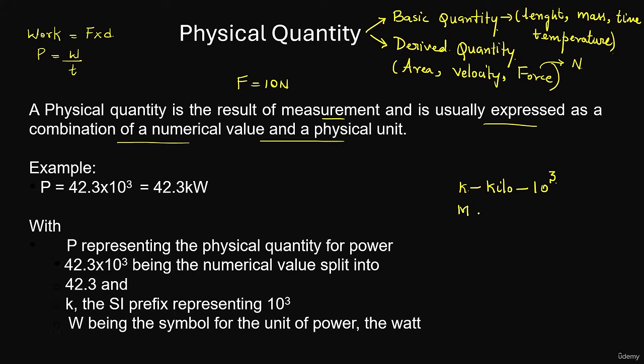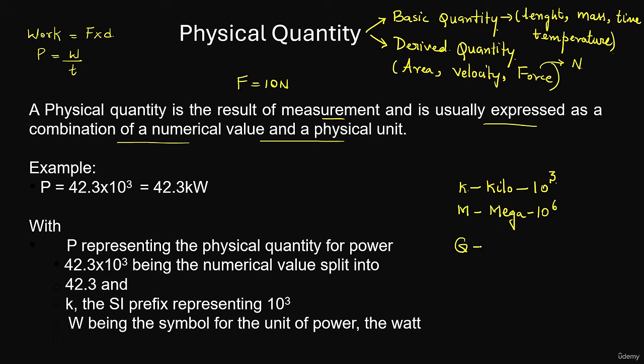And if we find M adjacent to any of the derived quantities, then M stands for mega, and mega is 10 power 6. Mega is also sometimes read as millions.